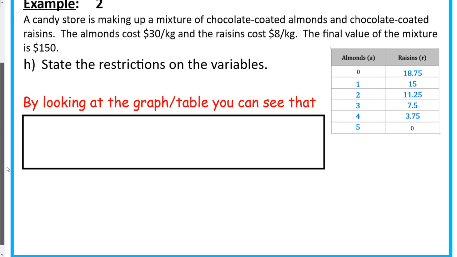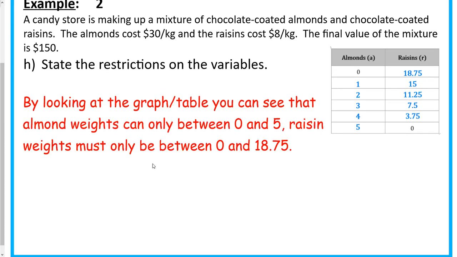And question H. By looking at the graph and table, you can see that almond weights can only be between 0 and 5. Those would be the restrictions, right? We can't have more than 5 almonds, and we can't have less than 0. So between 0 and 5, and raisins are between 0 and 18.75. We can also write it like this: almonds are less than or equal to 5, the biggest almond value, and bigger than or equal to 0.